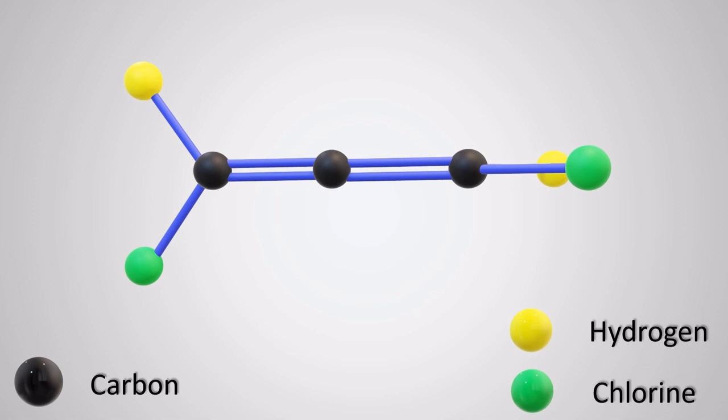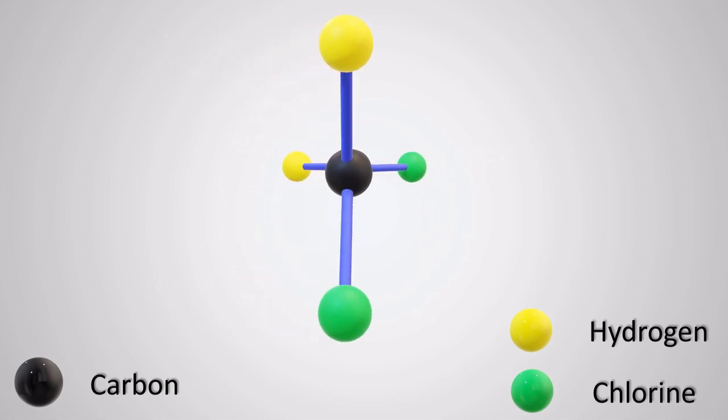Now in order to assign RS configuration to this, I rotate this molecule around this red axis by an angle of 90 degrees. Now after rotation we can see that these two groups, this hydrogen and this chlorine, are facing the observer, that is, they are coming towards the observer.